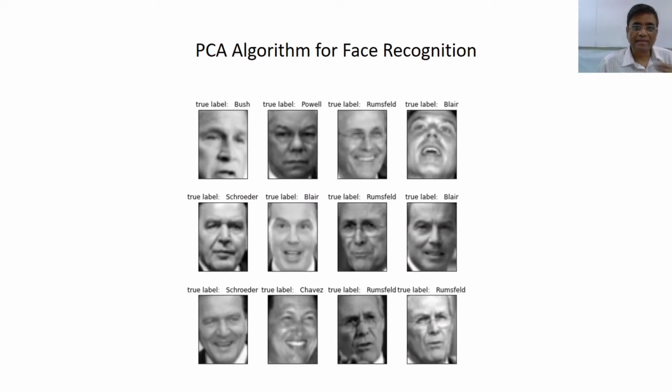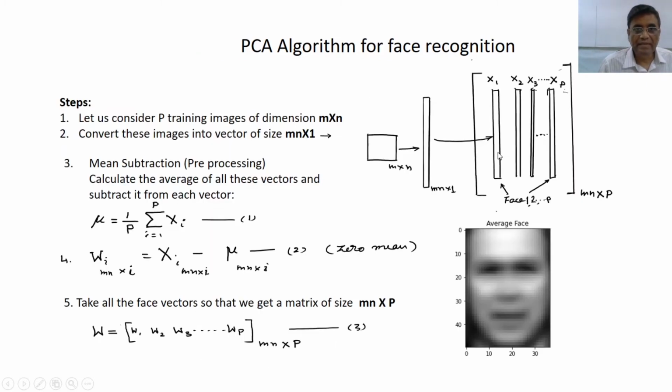Say you are trying to design a face recognition algorithm using PCA, and as I told, the algorithm you will have to write for face recognition. PCA only will give you the data decomposition in various directions. Say these are all celebrities' faces, so these are our input images, and these are the steps which you will have to follow.